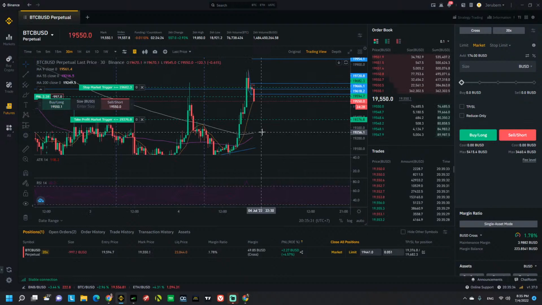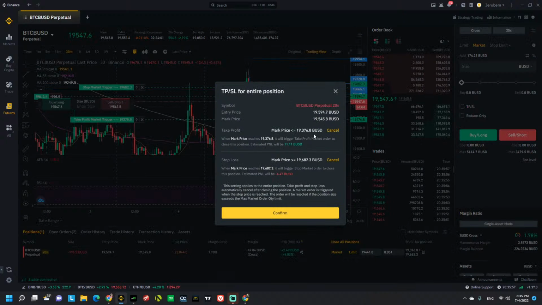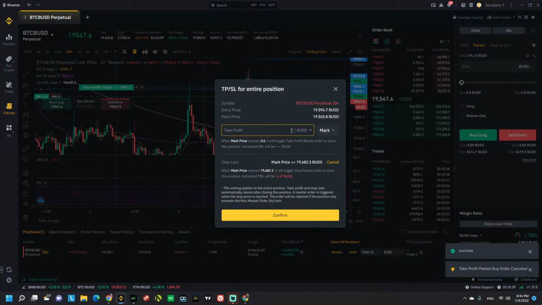It can also be, this is the 200, so it's moving up. So it can also be the next support here. The next can be here. Maybe let's put it here. 19269.5.